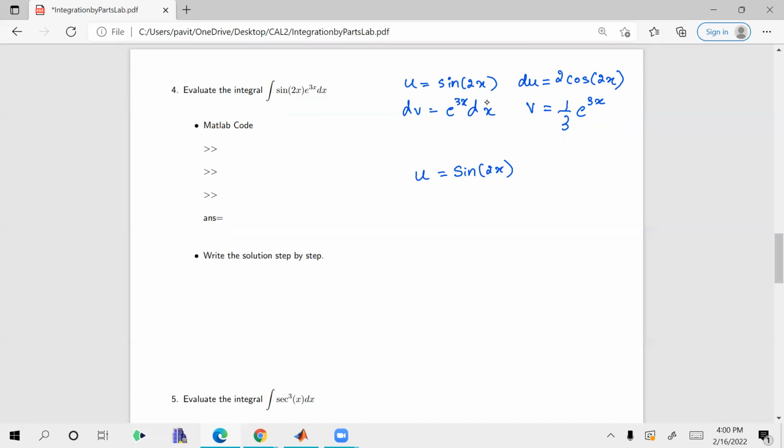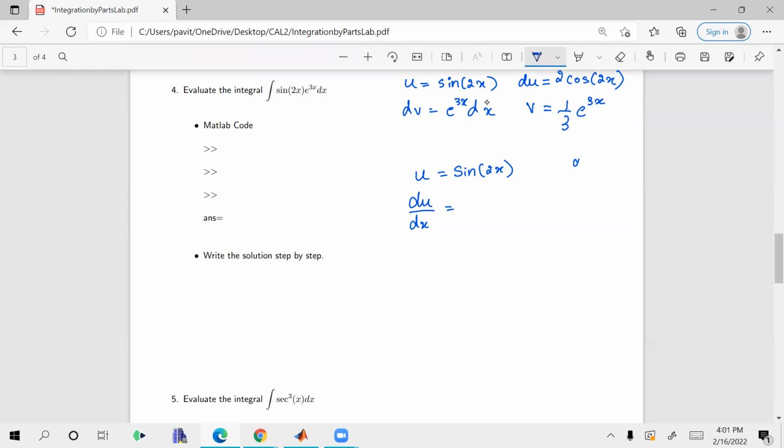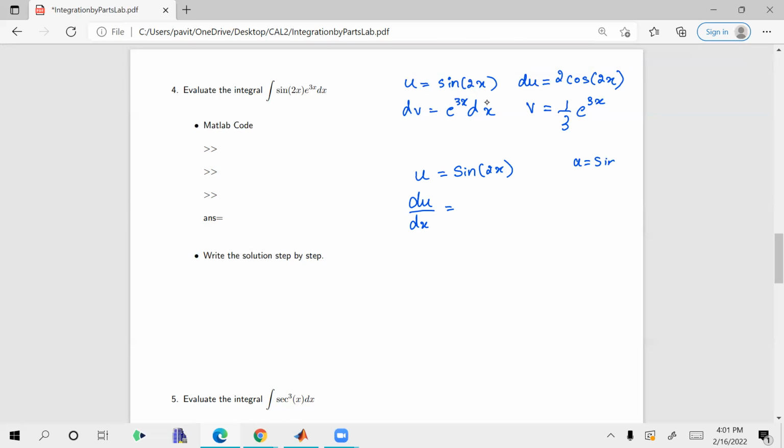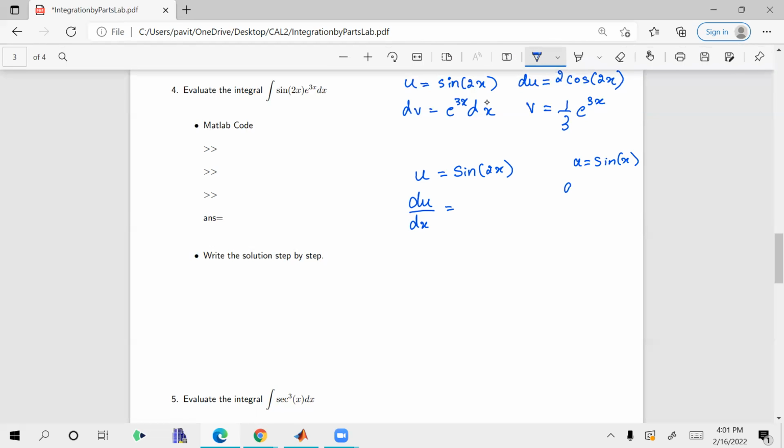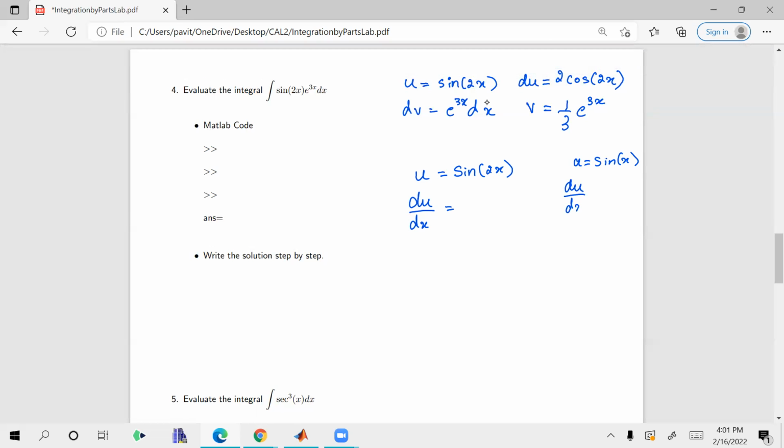Let's see how to find u prime. We have u equal to sine of 2x. So du with respect to dx. Whenever we have an inside function, we have 2x here, we do not have just x. Remember, if you have u equal to sine of x, you get du by dx as cos x. That's the formula.